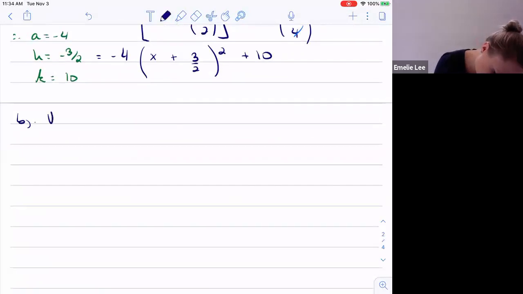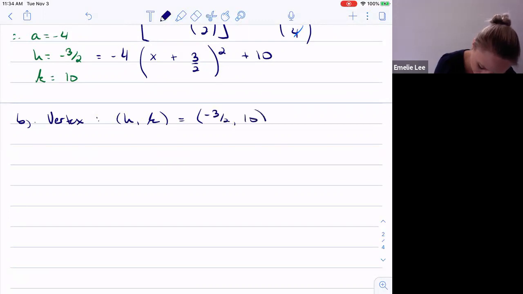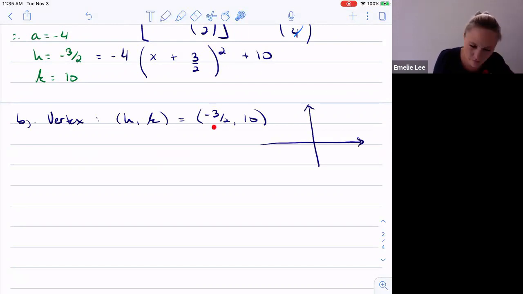So the vertex is at h, k, which in our case is at negative 3 over 2, 10. Okay. Just to check in, negative 3 over 2 is negative 1.5. So in terms of our graph, x is negative 1.5 and y is 10. So somewhere up here, negative 1.5, 10.